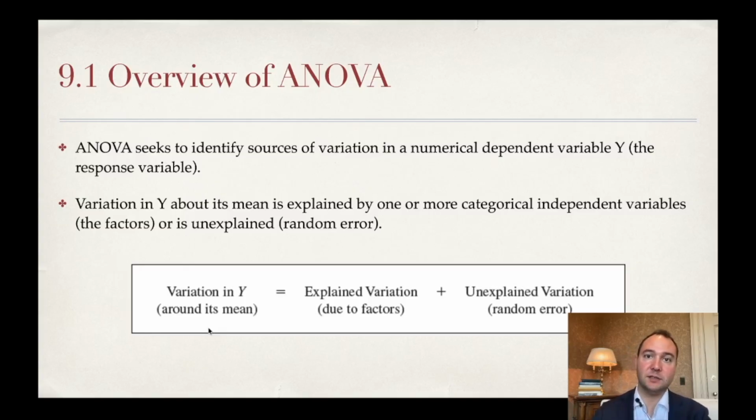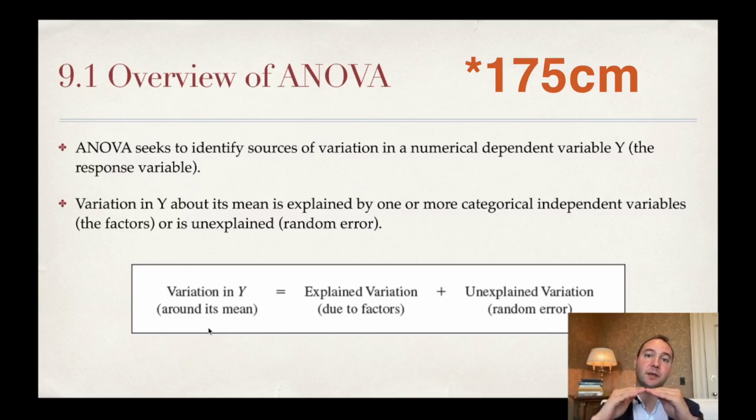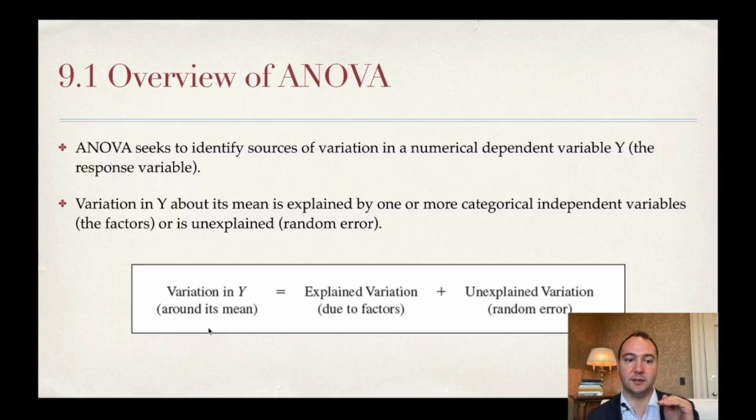Well, not every person at Seogang University is 75 centimeters, so there's some variation around that mean. Some people are taller than 75, some people are shorter. So there's variation in y, the height that we're measuring, around the mean, which is the average height.